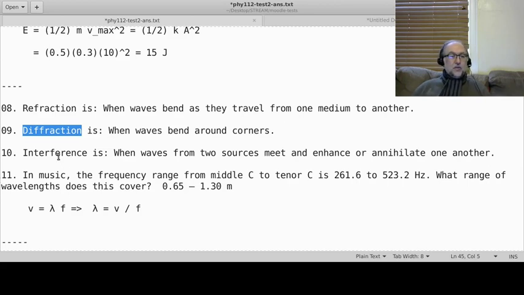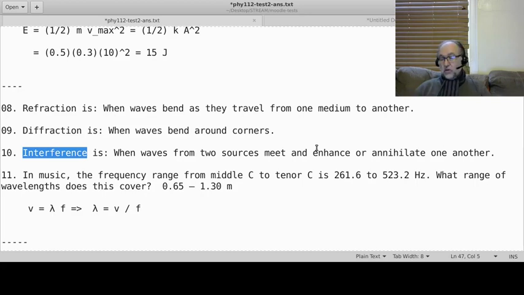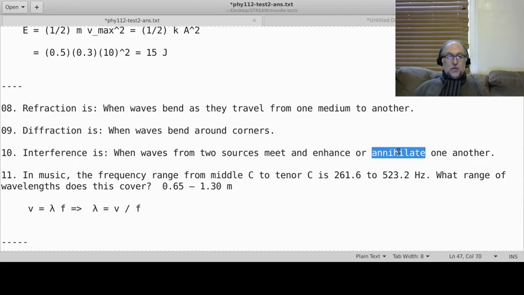Okay. Interference, another phenomenon that waves exhibit, is when you have two or more sources. Okay, at least two sources, and the waves from the two sources will meet, and they can either enhance or annihilate one another. So there are regions of space where a crest will meet a crest, and that will give you a bigger crest, or a trough will meet a trough, and that'll give you a bigger trough.